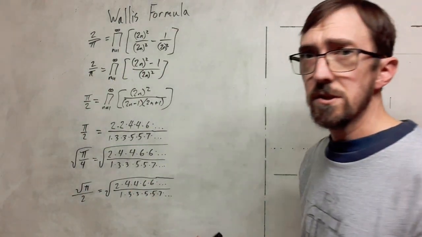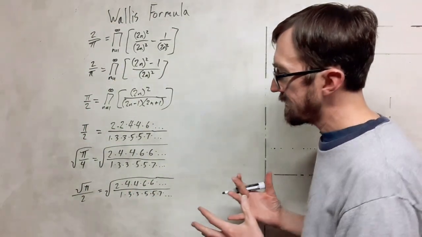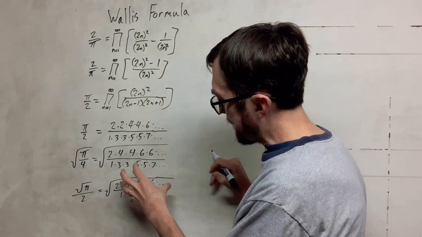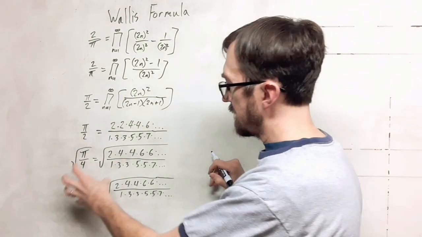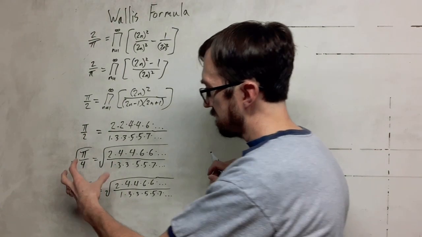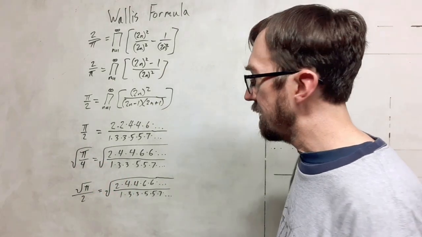And that's really the easiest way for me to make sense of how Euler was able to take this thing and get that it has a convergence to the square root of pi over 2.